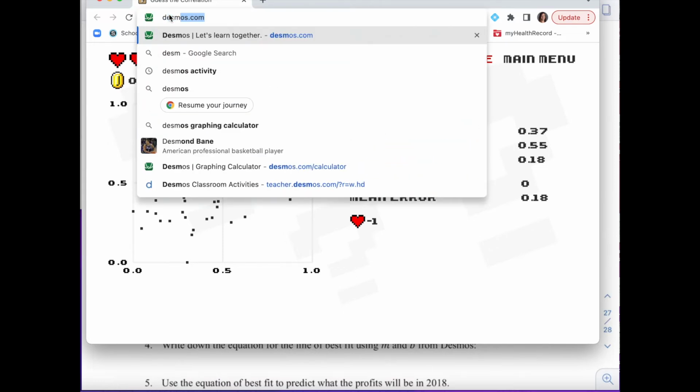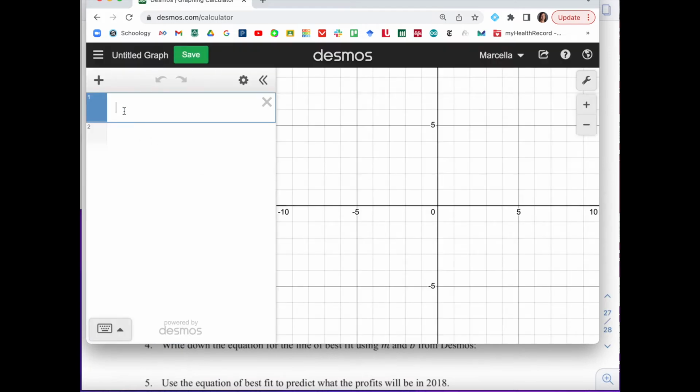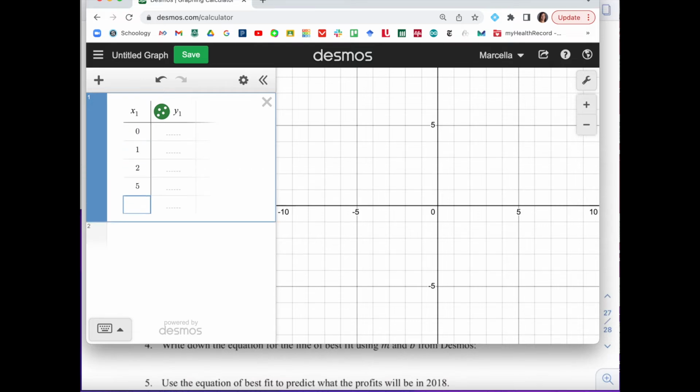We're going to go to the graphing calculator. We're going to type in the word table. Okay? And in our table, we're going to put in our values. So if necessary, you can pause the video and put these in yourself.